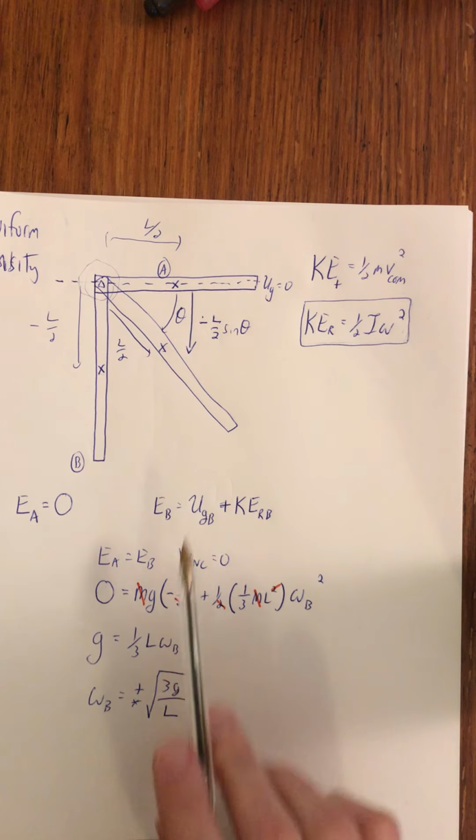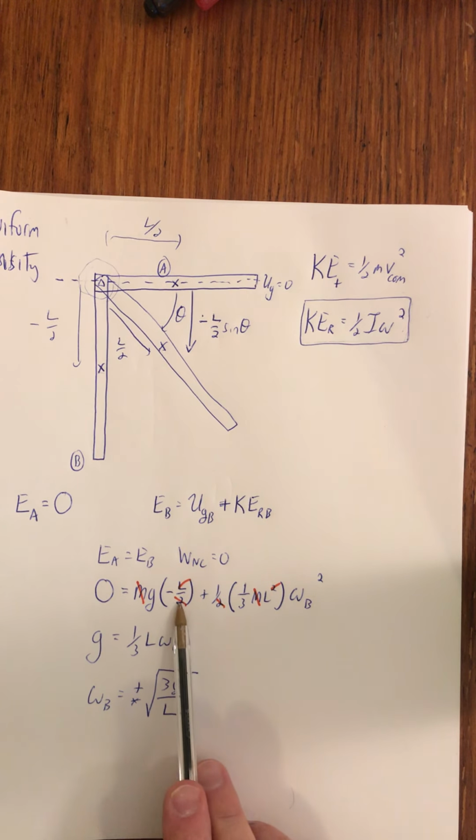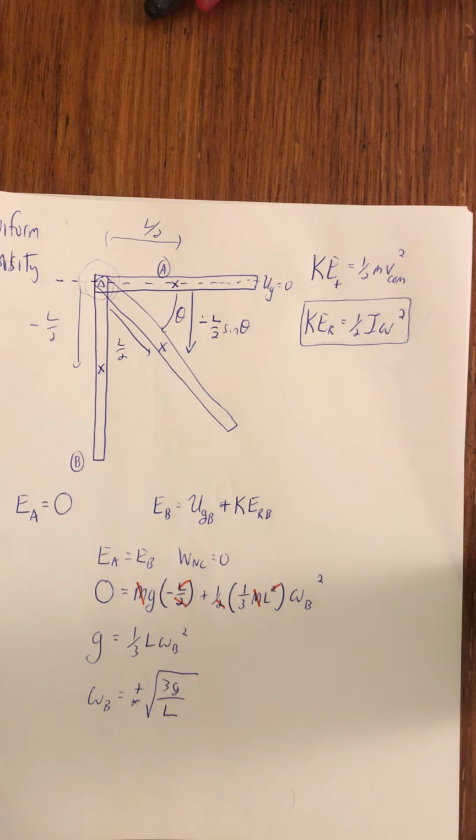So instead of putting in negative L over 2, I'd just be putting in negative L over 2 sine theta in there, and then the analysis would be the same. And so just by parallelism, I think you can see it would just be radical 3g over L sine theta, pretty simple and straightforward there. And so the swinging bar problem is super easy with conservation of energy.